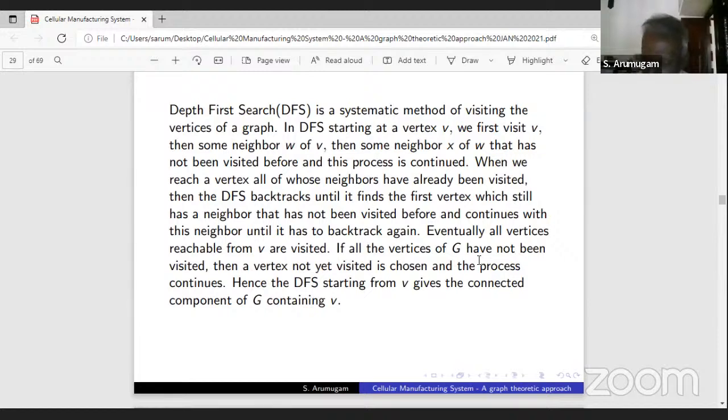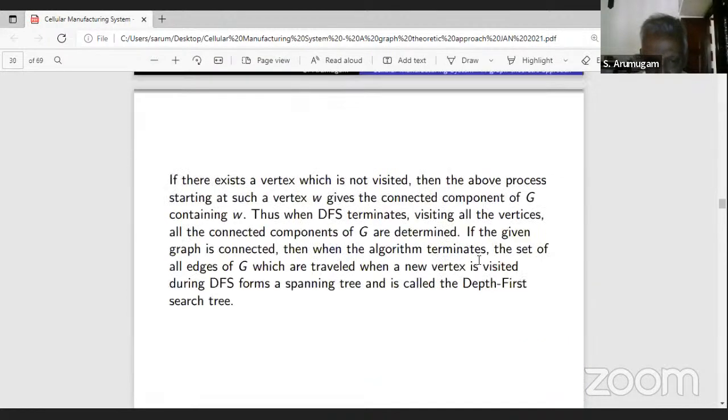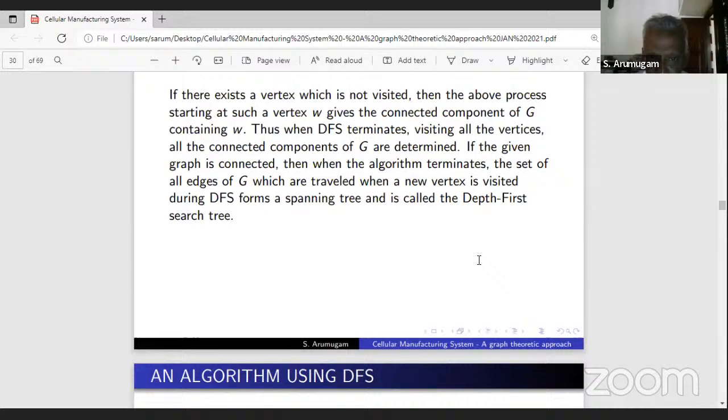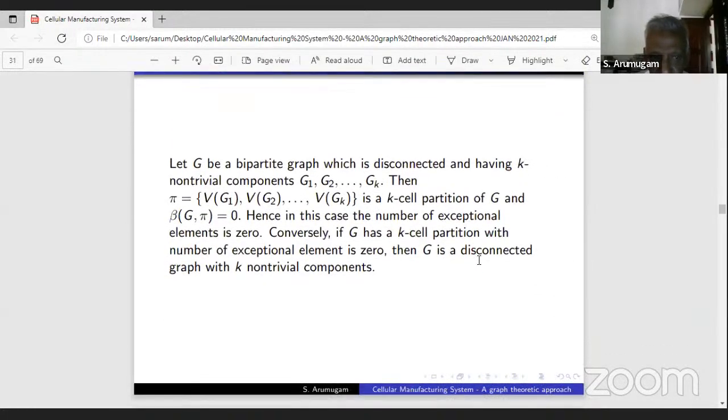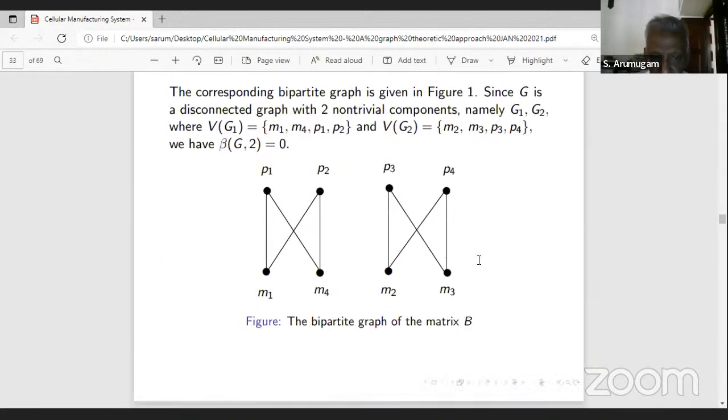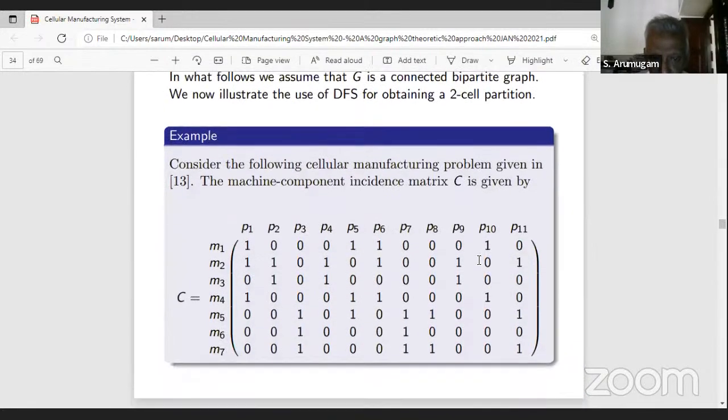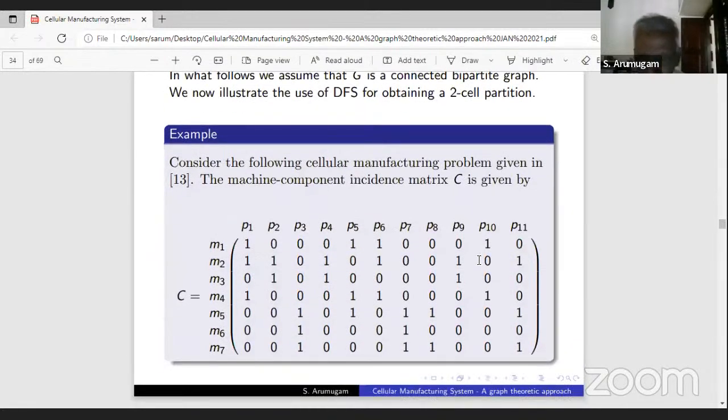Okay, I'll give an example. We'll take a big example. Let us take this example. This is a problem given in an engineering journal. This actually has 11 parts and 7 machines, and they are given the matrix.